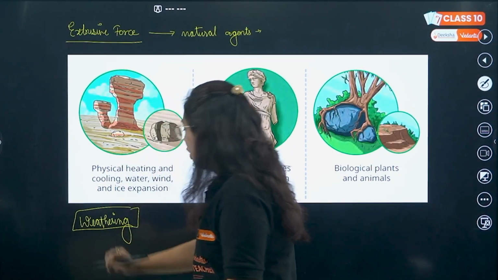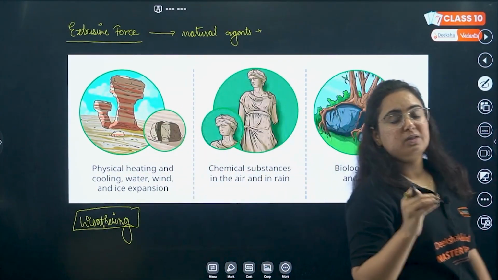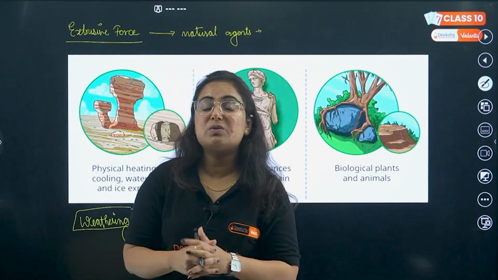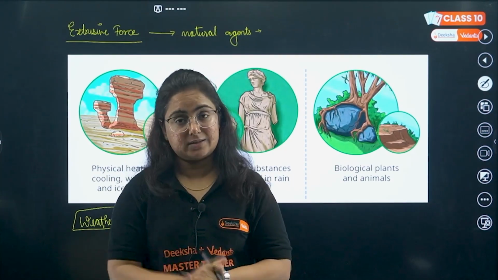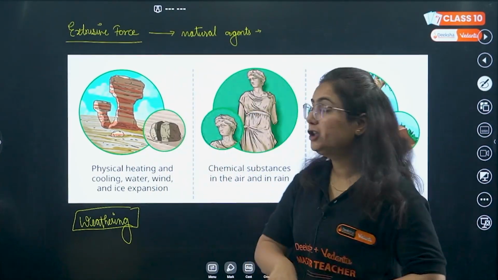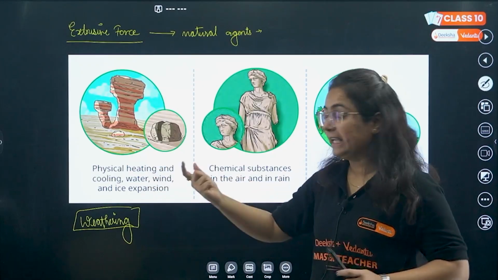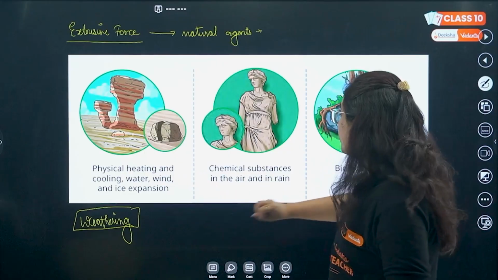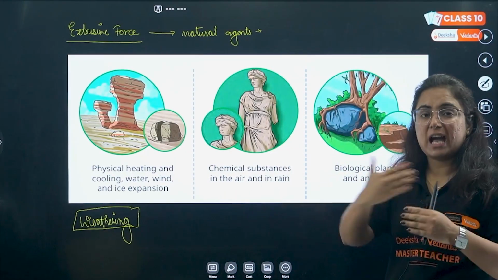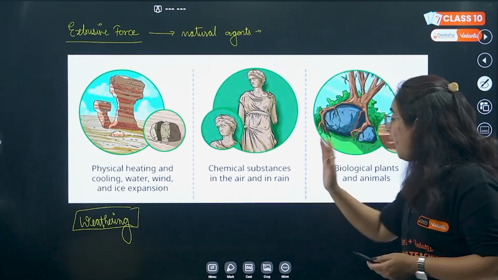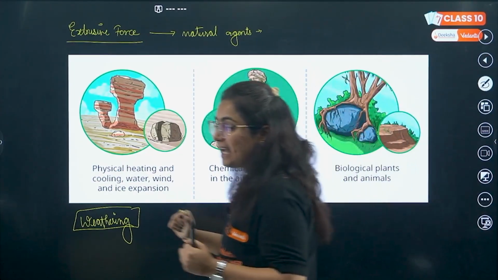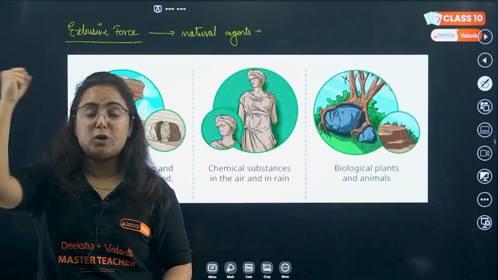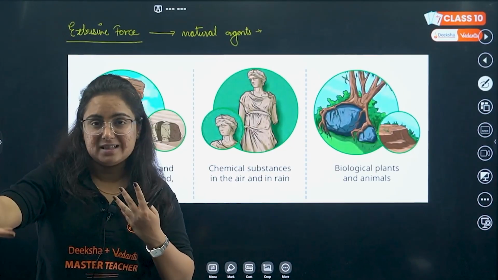Now what is this phenomenon of weathering? Beta, what happens is the large rocks break down into small pieces at the same place, due to natural factors like heating, cooling, water, wind, ice expansion, etc., or due to certain chemical substances which change its composition, or due to biological factors, like plants and animals, when the roots capture those stones and because of their strength it breaks down into pieces, and lot more.